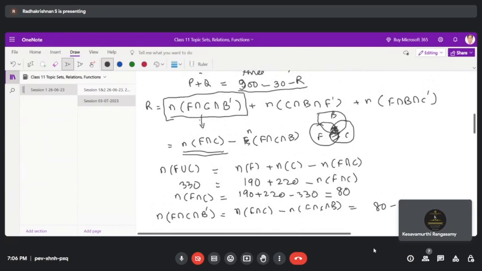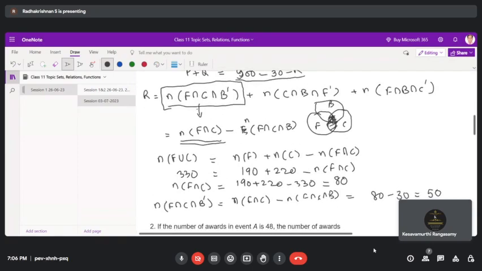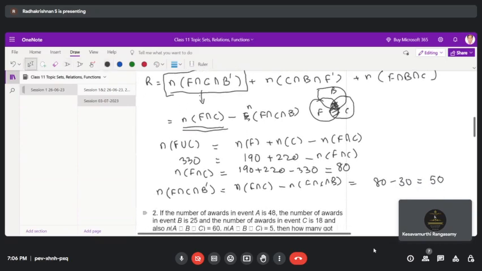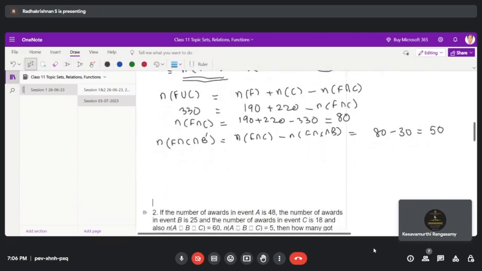So in the same way we can determine the others also, right? Yes, sir. So do it. I'm not going to do it. You people do it and tell me. C intersection B, F dash.